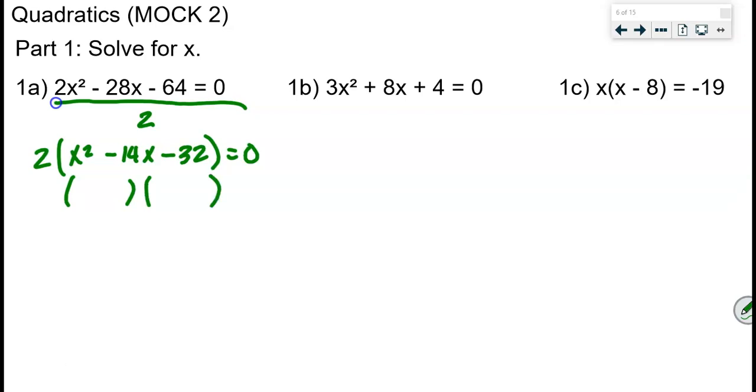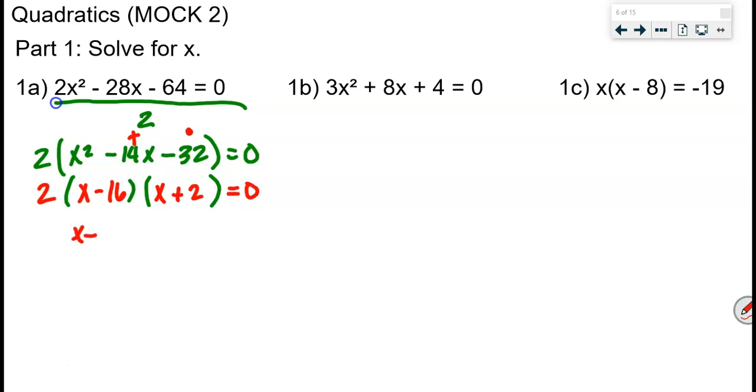What are the factors of negative 32, y'all? Factors of negative 32 that add up to be negative 14. I've got an x and an x here. I'm going to leave that 2 out there. That's going to be minus 8. No, wait, it's minus 16 plus 2, right? Minus 16 plus 2. Okay, and then we're going to set both of those equal to 0.